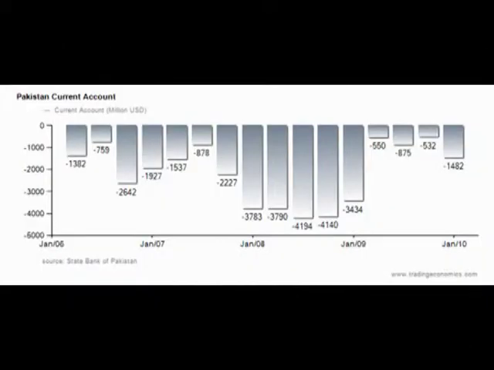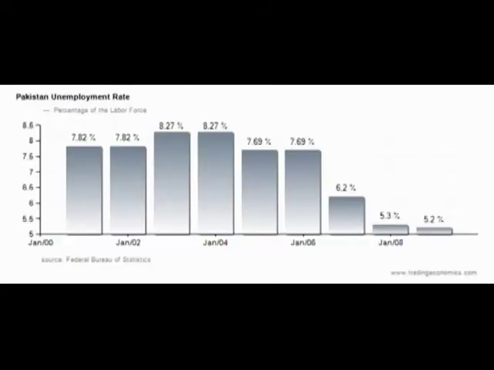Trade deficit. Pakistan reported a current account deficit equivalent to about 1,484 million US dollars in December 2009. Unemployment. The unemployment rate in Pakistan was 5.20% in December of 2008. Government budget.